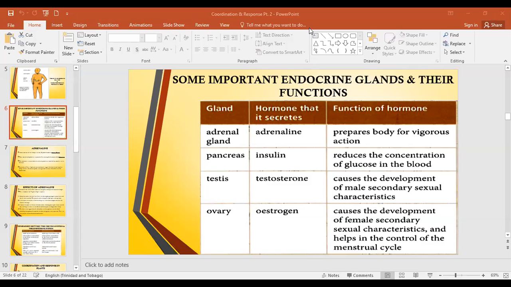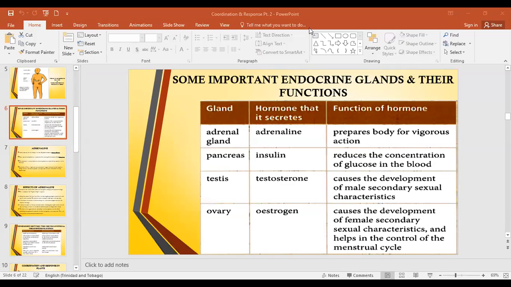Your pupils widen so that you are able to see the danger more clearly and move. It causes your heart rate to increase a lot when you are scared, so that blood could be pumping and respiration could occur, so that you could take off with speed. Then when the adrenaline goes down, you start to feel the effects of it, but you wouldn't feel it while you're in that adrenaline mode. You will just feel a rush.